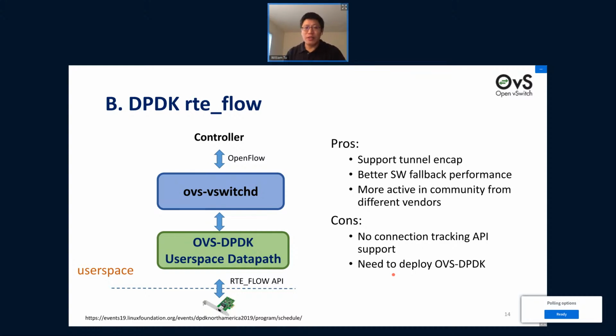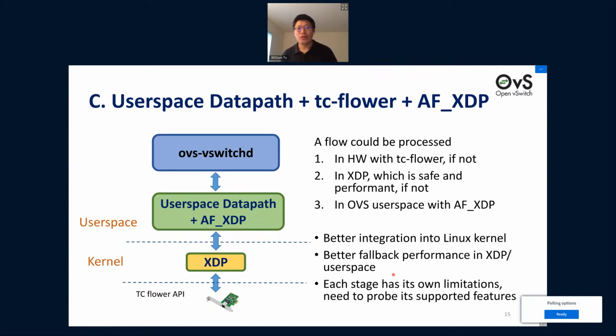However, deploying OVS DPDK has a lot of system requirements, and it may not be applicable for all customers or all environments. So what we are thinking about is this third solution, solution C. The idea is that if a flow cannot be processed in hardware, we want to use the user space data path, but instead of using DPDK, we want to use AF_XDP.